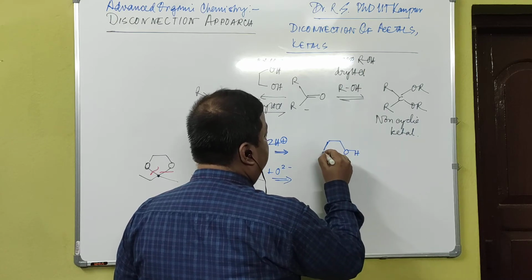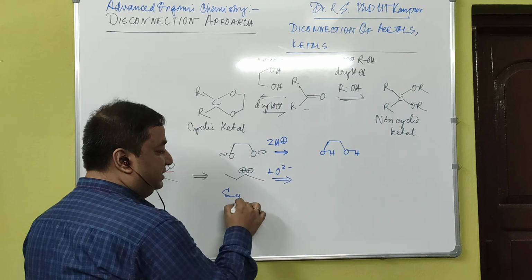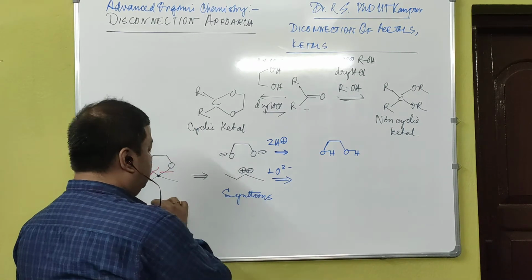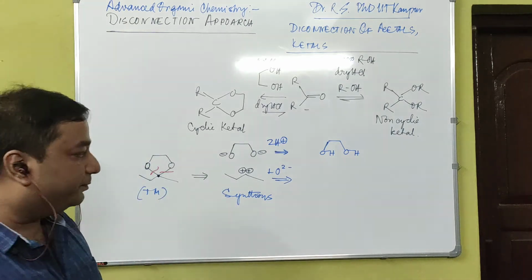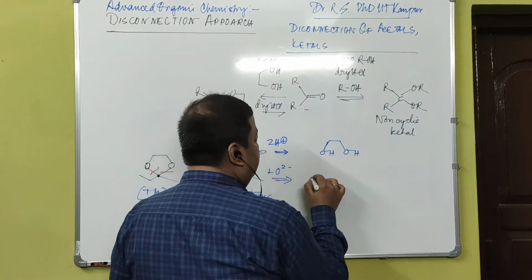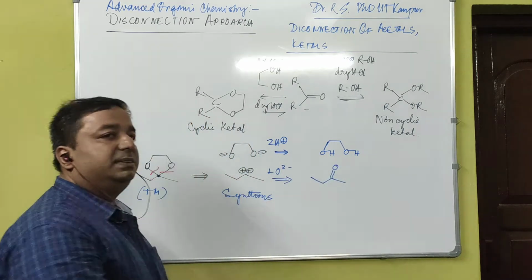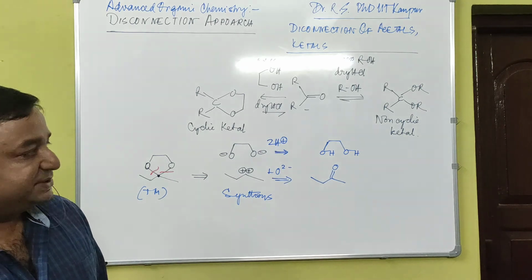You have an OH, OH. So these are your synthons. This was your target material, which is named as TM. And if you add the oxygen, that is your ketone. So that is how you have to do this.